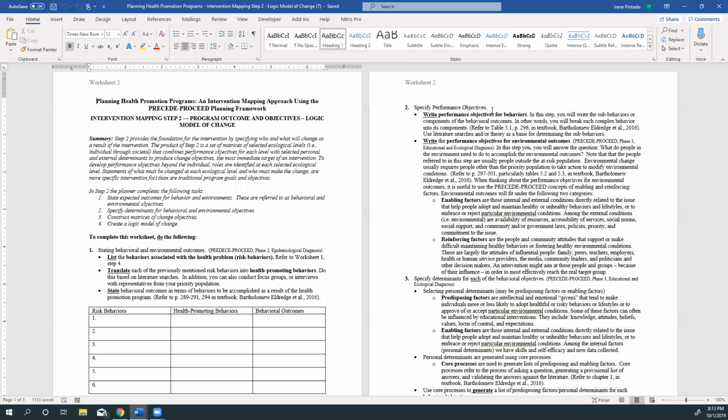I'm not saying that you're going to write necessarily a performance objective for each one, but if you have different things that you want them to be able to do, you should be able to list what your objective is for that behavior. And then you do the same thing for the objectives for the environmental outcome. Those do tend to be pretty complex too, because let's say that you want to start a social support group. There are things that you're going to have to do to get to that social support group part, right?